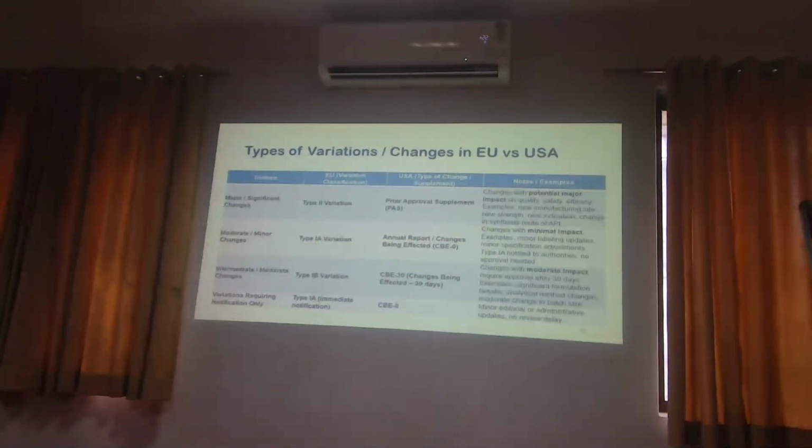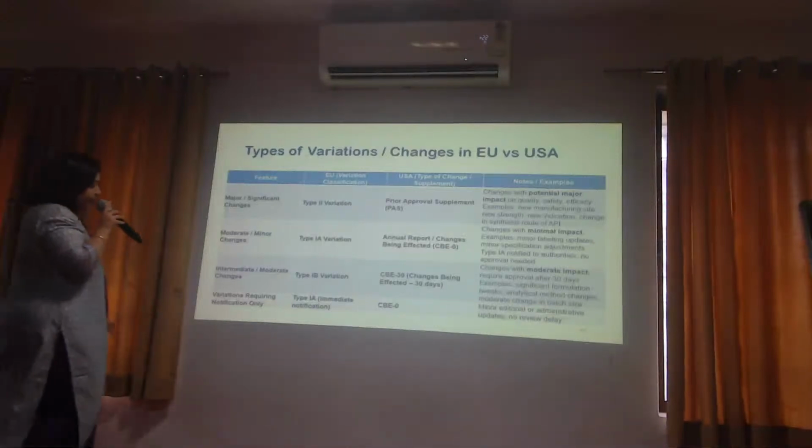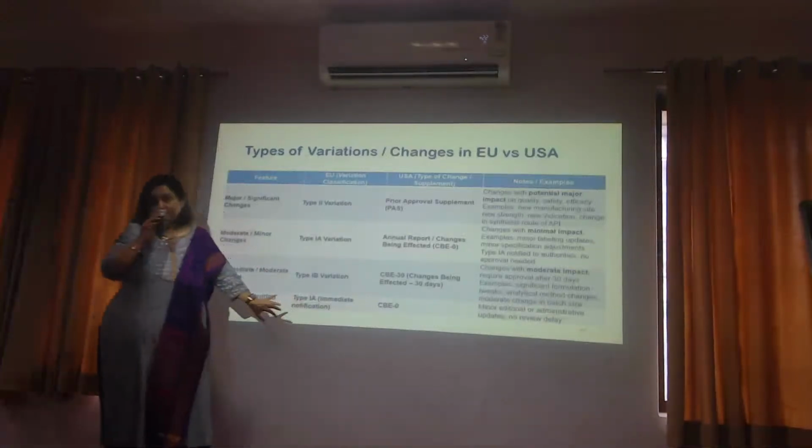Okay. For example, a CEP variation. In between it happened that one of our API vendors, which was very important, had a fire incident in that company. So he stopped manufacturing. What can we do? We cannot stop the production or commercialization, and it will have an impact on the commercial side. So we identified a CEP grade vendor. If it is a CEP grade vendor, you have to of course do the analytical validations and all, but it becomes a type 1A immediate notification kind of thing.